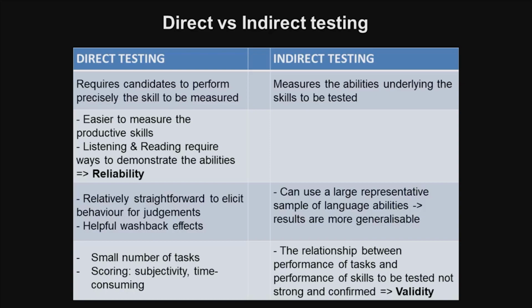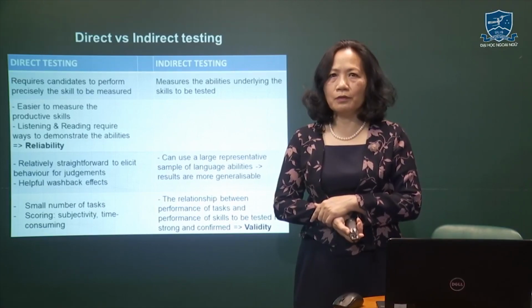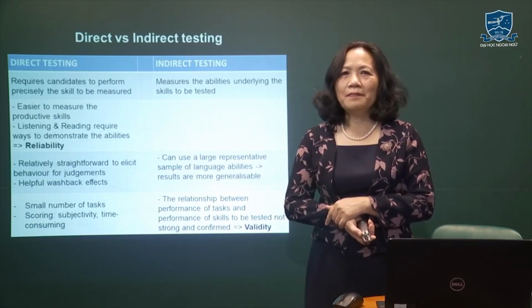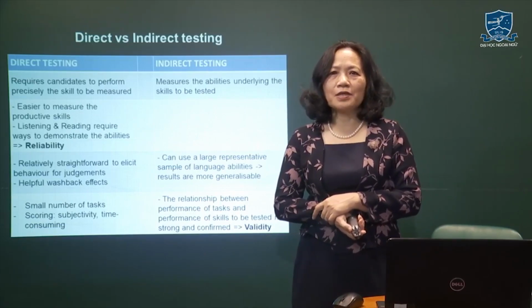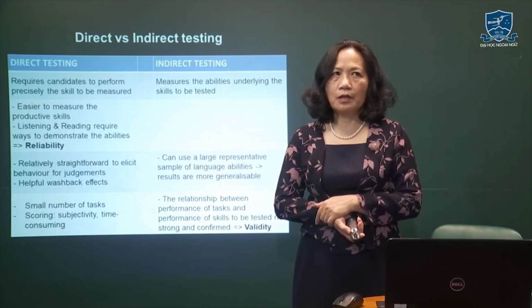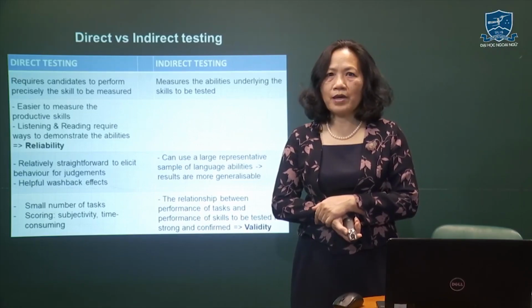Because if you want to assess a student's reading ability, for example, you ask them to read, of course, a passage, a text, even a book, if you want to. But then how do you assess? How do you know whether the students have understood the text or the passage?